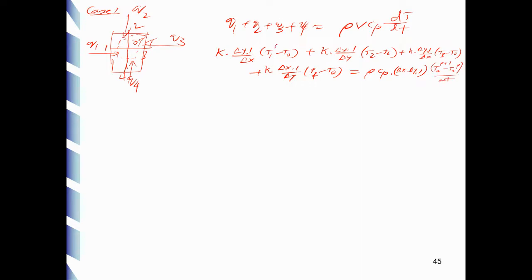And all the temperatures here are at p, existing temperatures. Our aim is to find T0 p plus 1, the future temperature after a certain time.